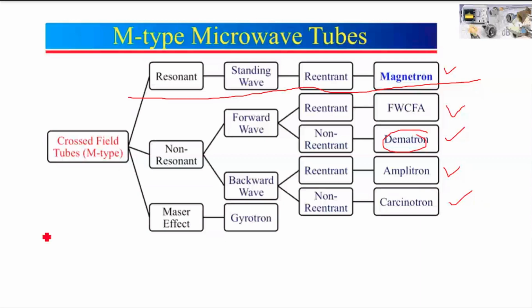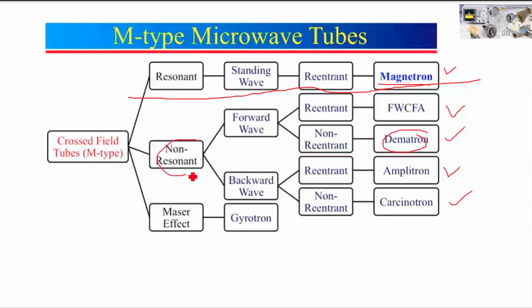They will ask for resonant-based M-type tubes, choose from the MCQs. They will be having 4 options. The resonant type is nothing but magnetron. Non-resonant type has 3 parts, so let us not consider forward and backward.